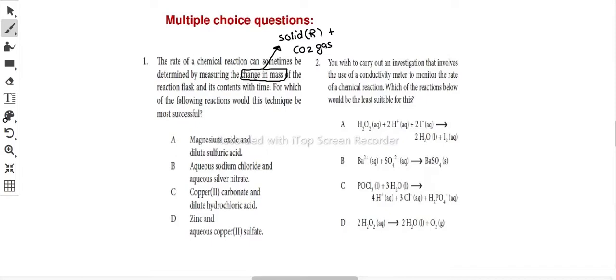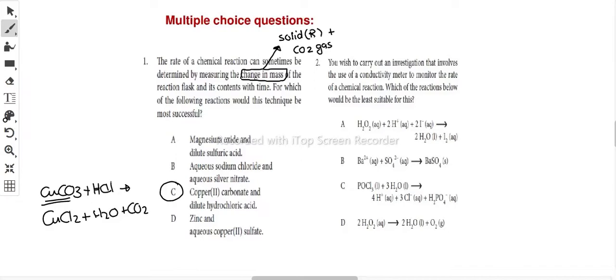You're going to find that the answer is C. Remember that copper carbonate plus dilute hydrochloric acid, when they react together, will produce the salt copper chloride plus water, besides the production of CO2. Where's my solid? This is my solid, the copper carbonate, and it will react with the acid. So the answer is C.